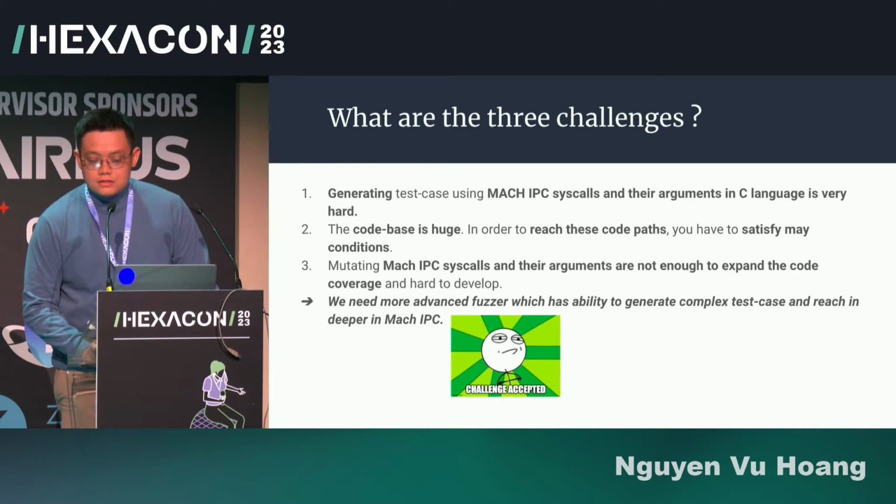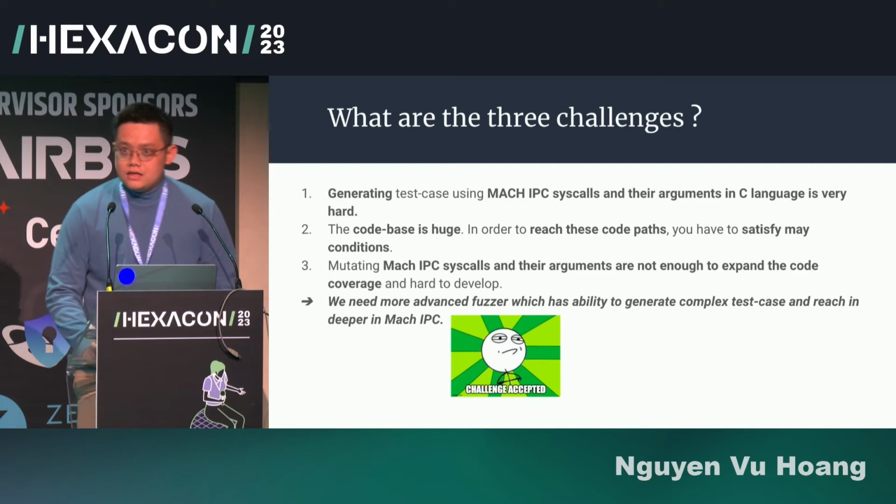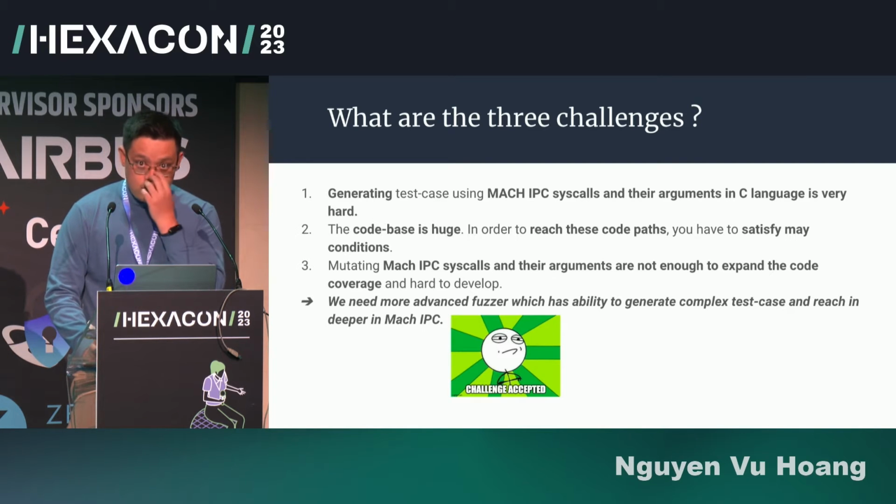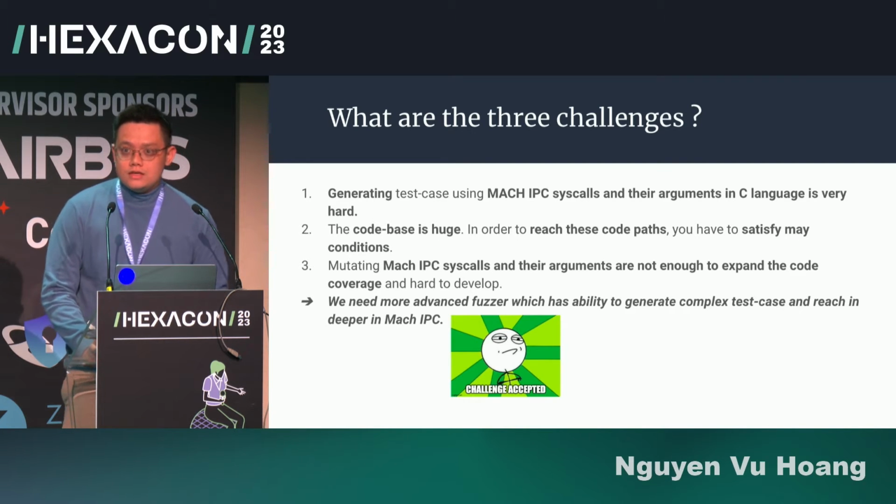The second is that the code base of Mach IPC is very huge, and in order to reach some conditions, I have to satisfy a lot of conditions. And last but not least, mutating the Mach IPC subsystem is not enough to expand the code coverage. Therefore, I have a new idea to solve this.